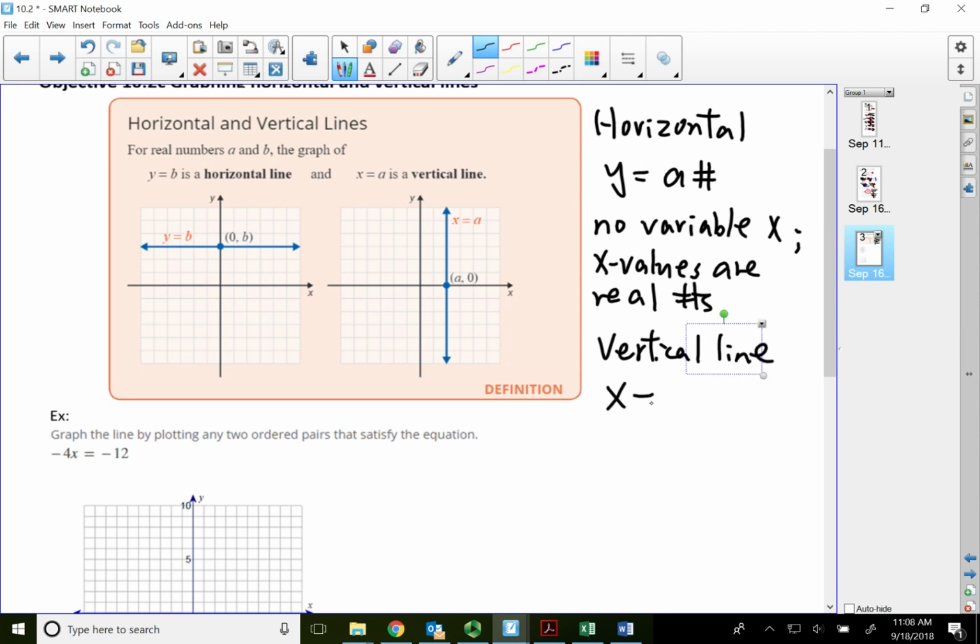So how you recognize horizontal and vertical is that you always have a missing variable. No variable y means the y values can be anything you want them to be.